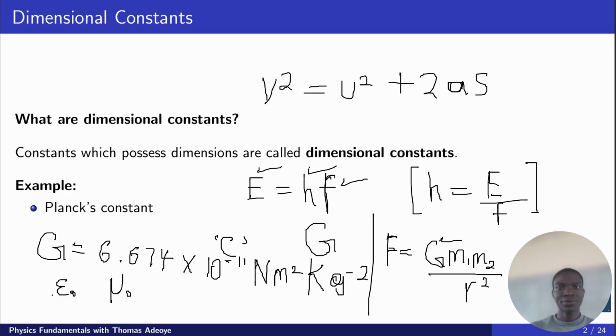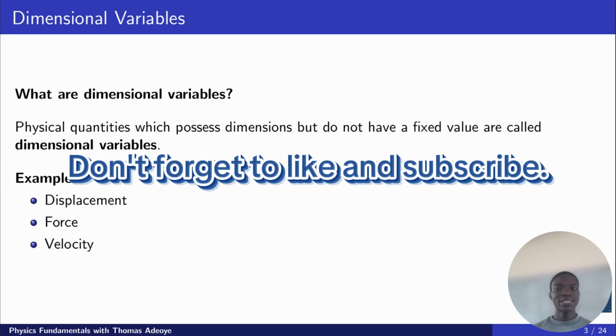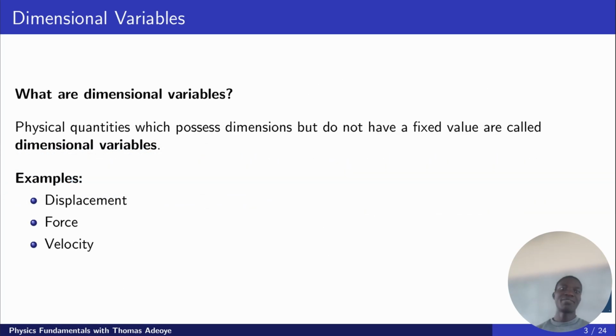Okay, so the next thing now is dimensional variables. So what are dimensional variables? They are physical quantities that possess dimensions but do not have a fixed value, unlike dimensional constants, which have dimensions but a fixed value.